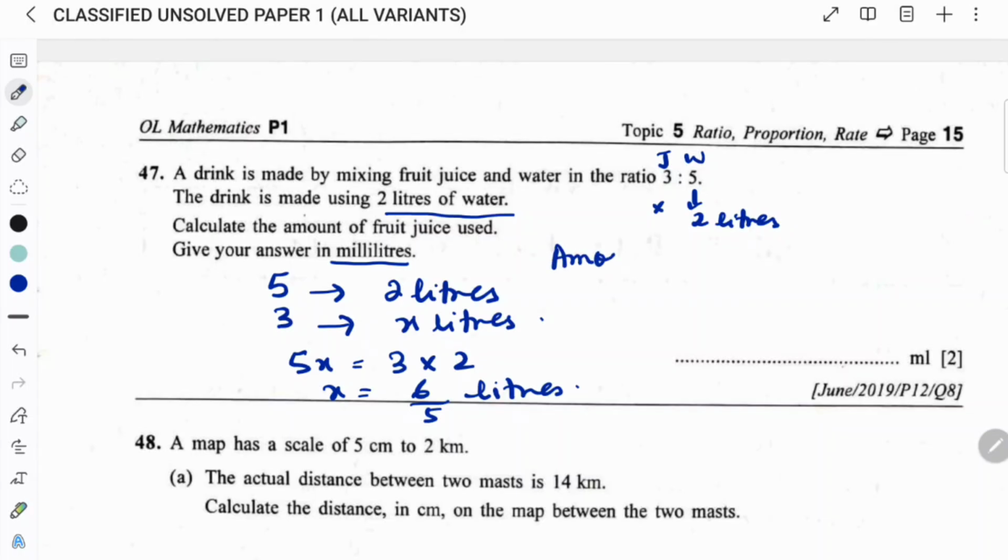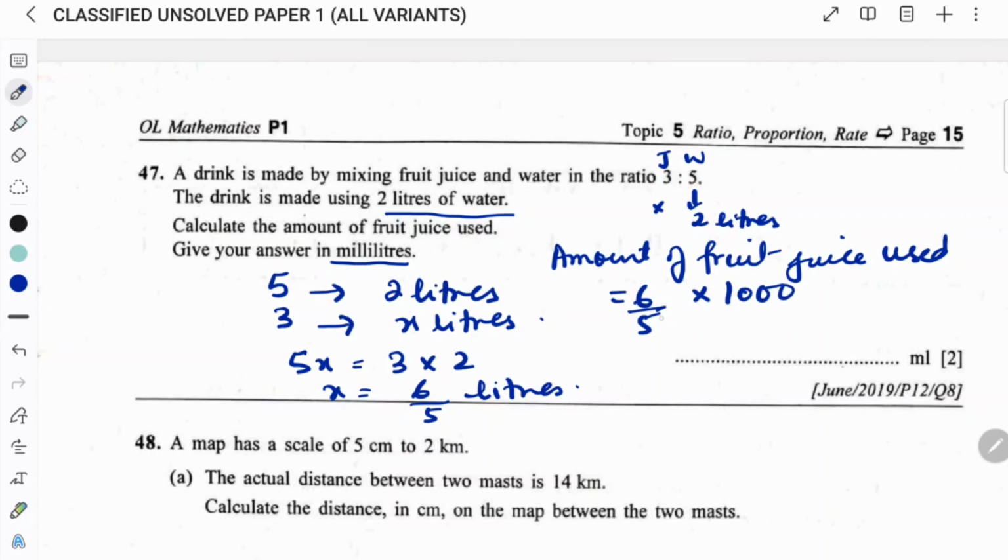Amount of fruit juice used is equal to 6 upon 5 times 1000. 5 times 2, and 6 times 2 is 12, and then 100. So 1200 milliliters is the answer for this question.